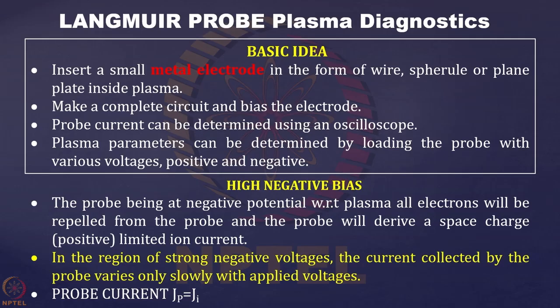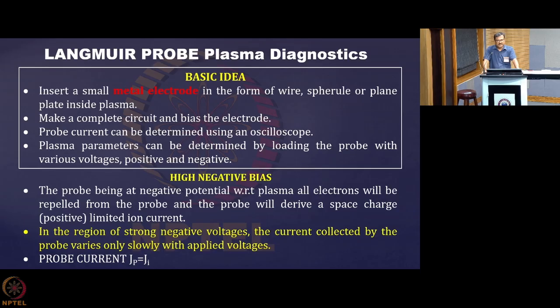So it is not exactly like Ohm's law, where V is proportional to I, V equal to IR. Here you get a nonlinear relationship between V and I because of the space charge accumulated in front of the probe.